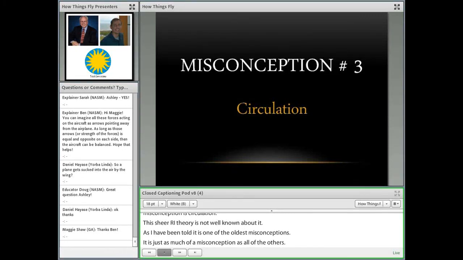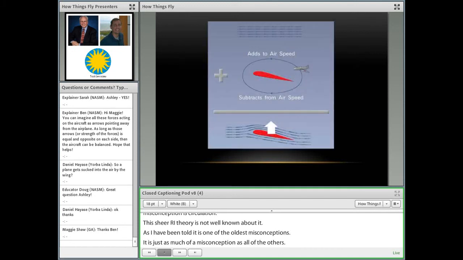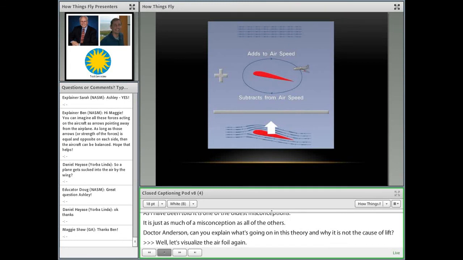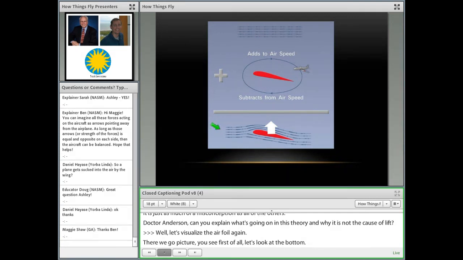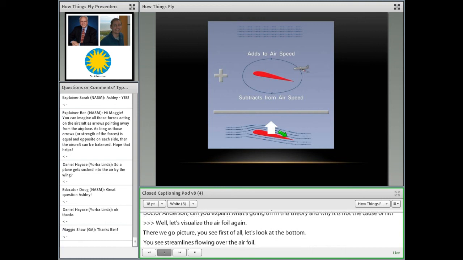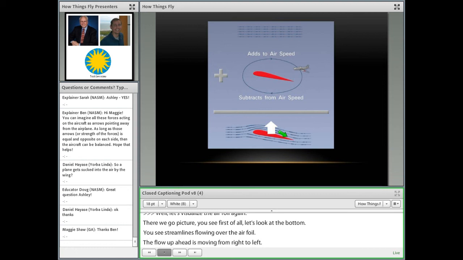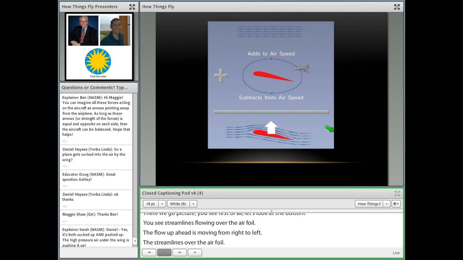Well, let's visualize the airfoil again. There we go. In this picture, first of all, let's look at the bottom. You see streamlines flowing over the airfoil. This is because the flow up ahead is moving from right to left. Now, if indeed you were to visualize this flow as just straight parallel streamlines going straight across, you wouldn't see these streamlines.